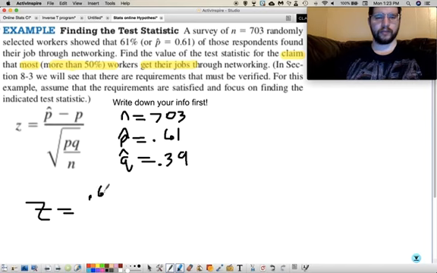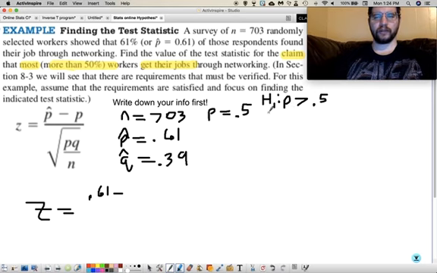p hat minus p, oh, we need p. p was more than 0.5, so that would be 0.5. If we write down the hypotheses, this would be more than 50%, so p is greater than 0.5, and that would be our H1.